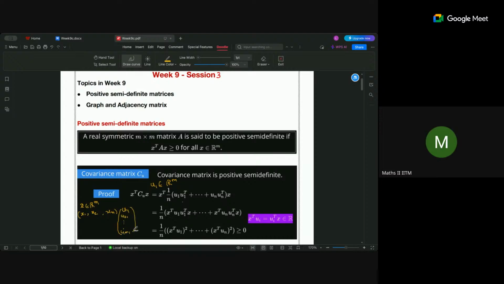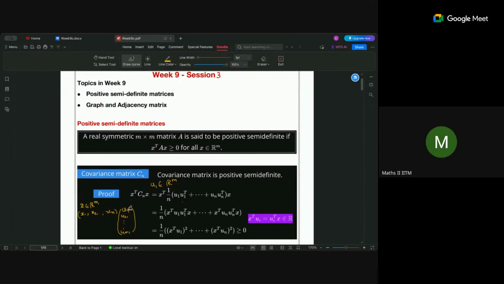Now what is the product of this? Is it a real number? Yes, it's 1 by 1. So it is a real number.